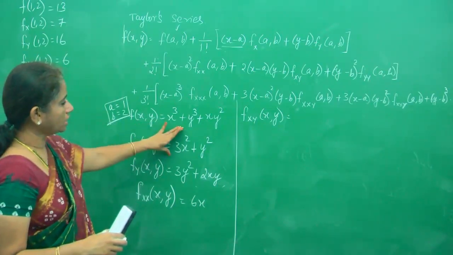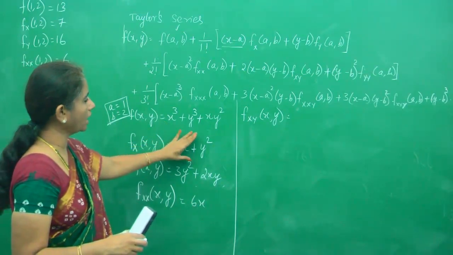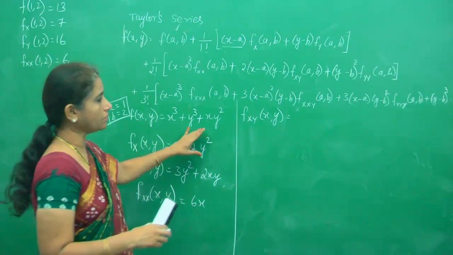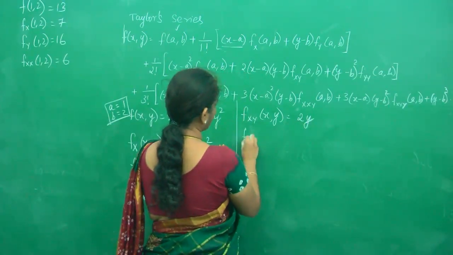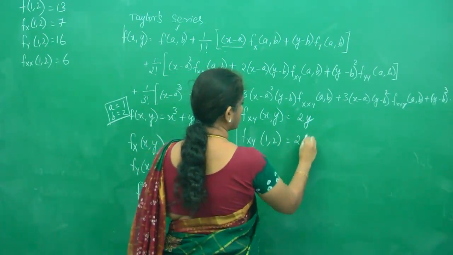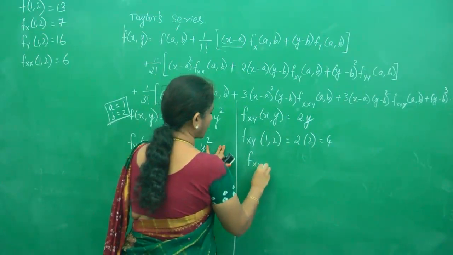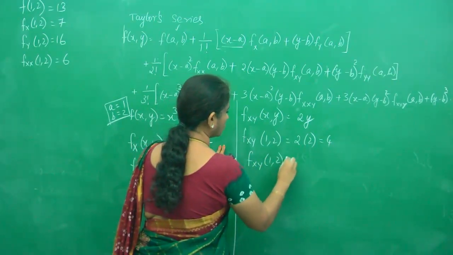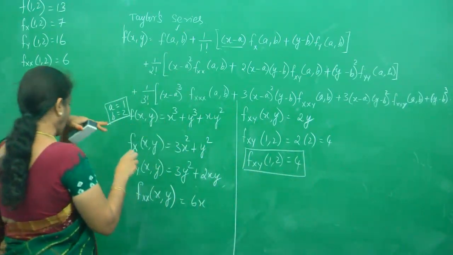When you do that, 3x square is a constant because we are differentiating with respect to y, and y square derivative is 2y. And now I need fxy of 1, 2, which is 2 times 2, which is 4. So fxy of 1, 2 is 4. So keep it ready.